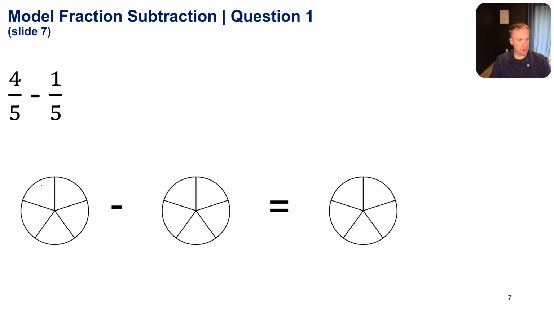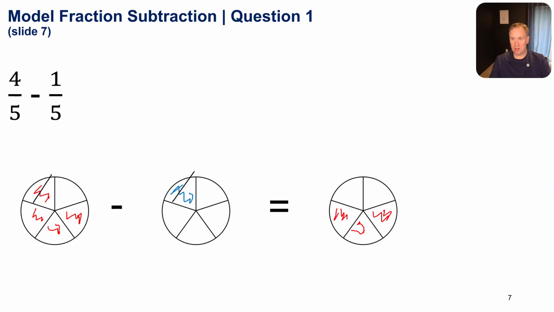So we have 1, 2, 3, 4. And then the other fraction, what we are taking away in this case, is 1. So in reality, when we go to subtract, we're eliminating this slice from here and here, and the amount of slices we then have left over at the end will be 3.